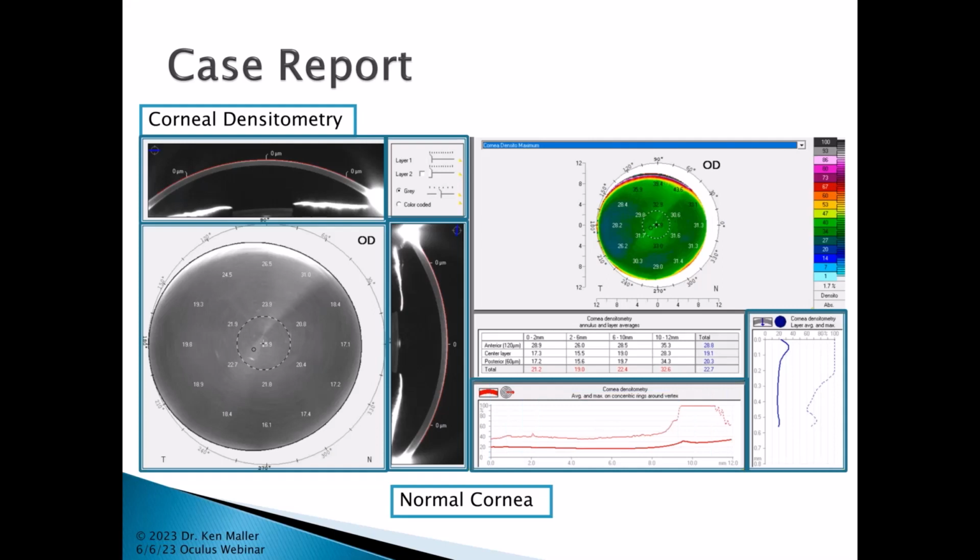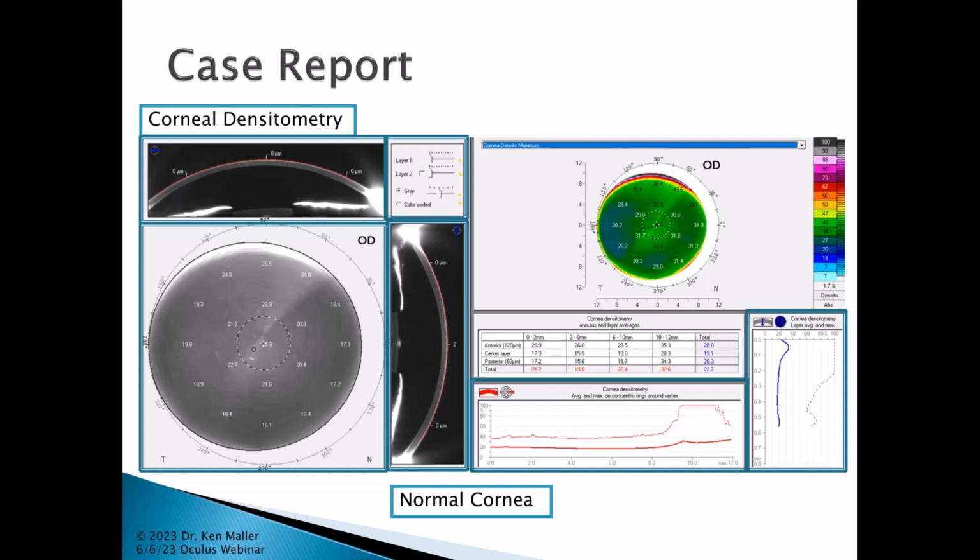Now, similarly, on this lower graph with the red lines, once again, we see a solid and a dotted line. It's a thinner red line up above. And again, it is taking a look at both the average reflectivity or density of these opacities with the solid line. You can see it's hovering right around 20%, almost all the way out to 10 millimeters.